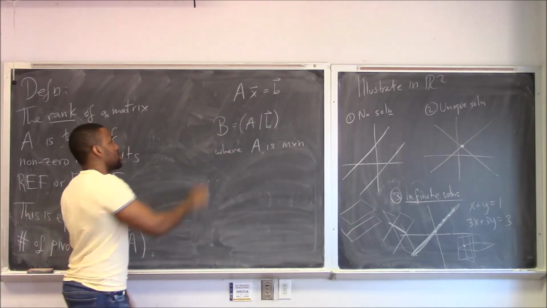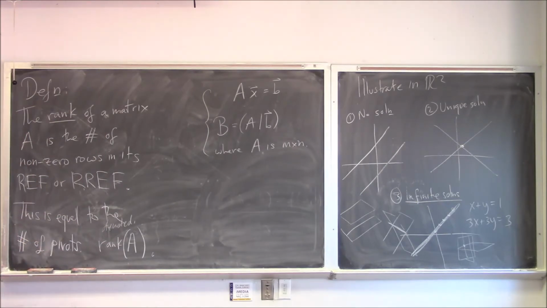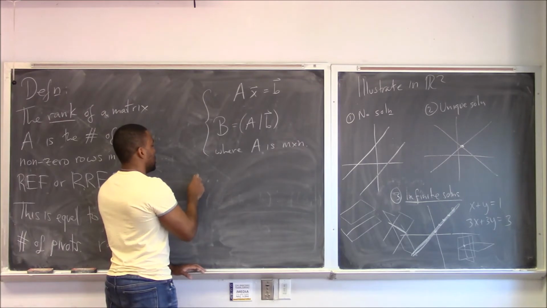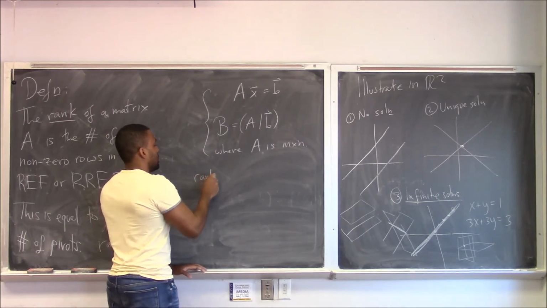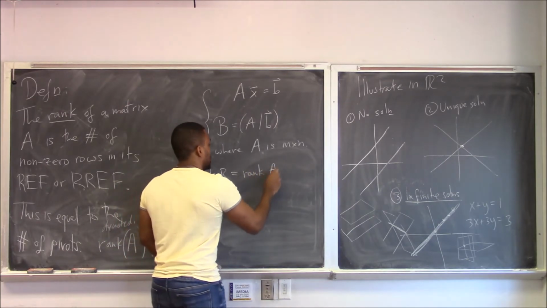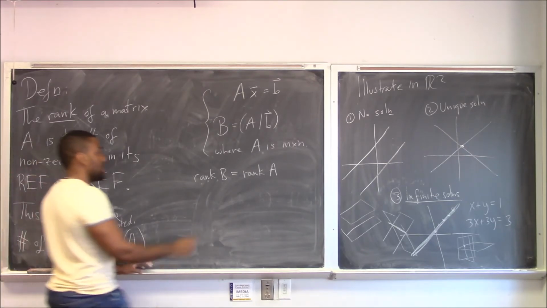So let's say we have these three situations. This is just language that allows us to talk about things a lot easier. So for example, I can say if the rank of B equals the rank of A, what would you be able to conclude there? Unique solution. You'd be able to conclude a unique solution here.